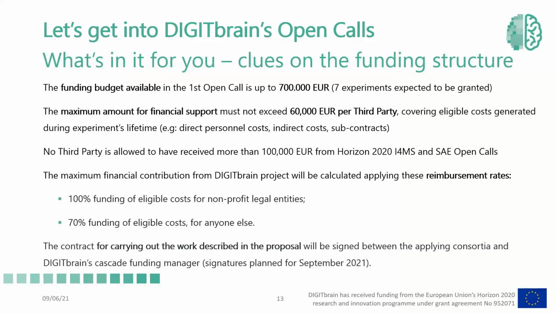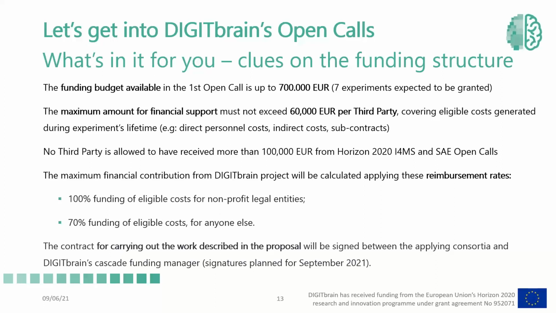But before I leave the floor to Antonio, just let me recap some figures as far as the open call funding structure is concerned. We said the maximum amount for financial support available for the first open call is up to 600,000 euros.